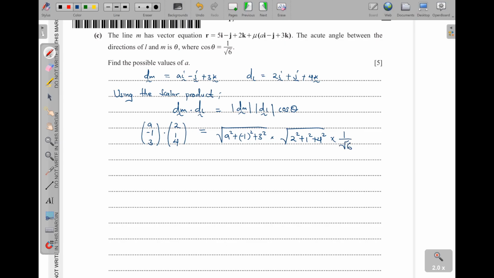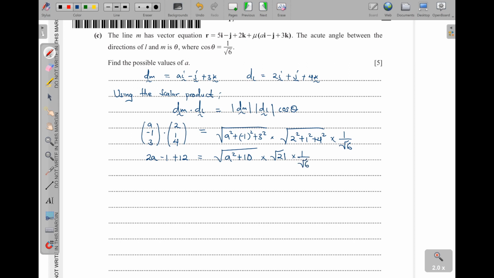Now here we multiply i with i, j with j, k with k. So a times 2, that is 2a, then minus 1 here, then plus 12. This one here will give us the square root of a squared plus 10. And then here we shall have 16 plus 4, that is 20, then root of 21, times 1 over root of 6.